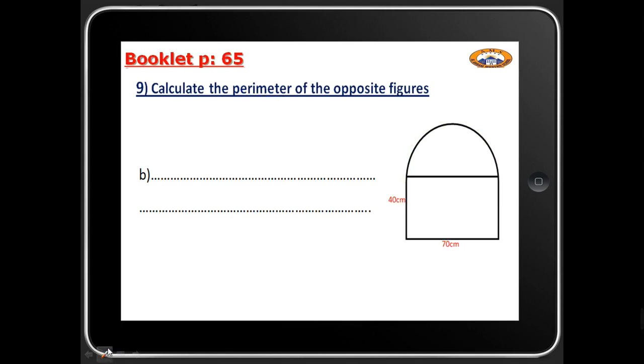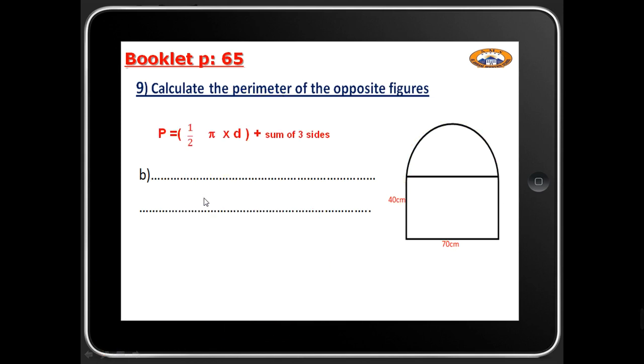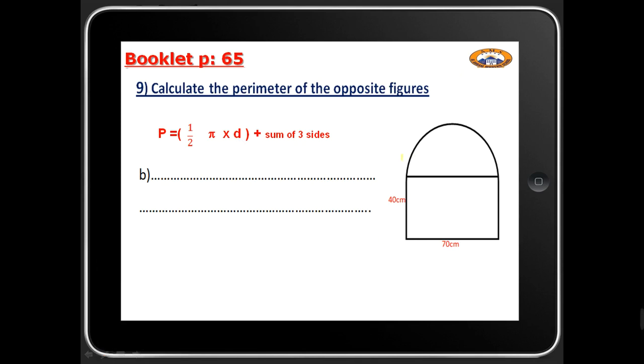Let's start to solve. Okay, so we analyze this figure. The perimeter here is we have half of a circle, because I explained to you why we use half here, and the circumference of a circle is going to be pi times the diameter length. And who, excellent, can tell me what is the diameter length here? So we're going to look at our shape again.